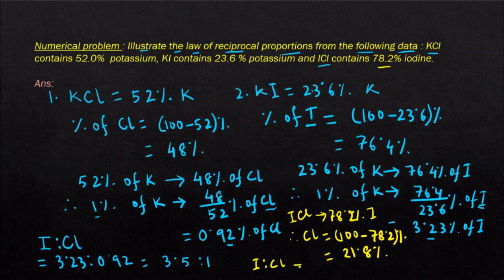It is coming as 78.2 is to 21.8. Let's do the reduction part. 78.2 divided by 21.8 is 3.5:1, which is exactly equal to the expected ratio. So we can conclude the law of reciprocal proportion is strictly followed for these examples.